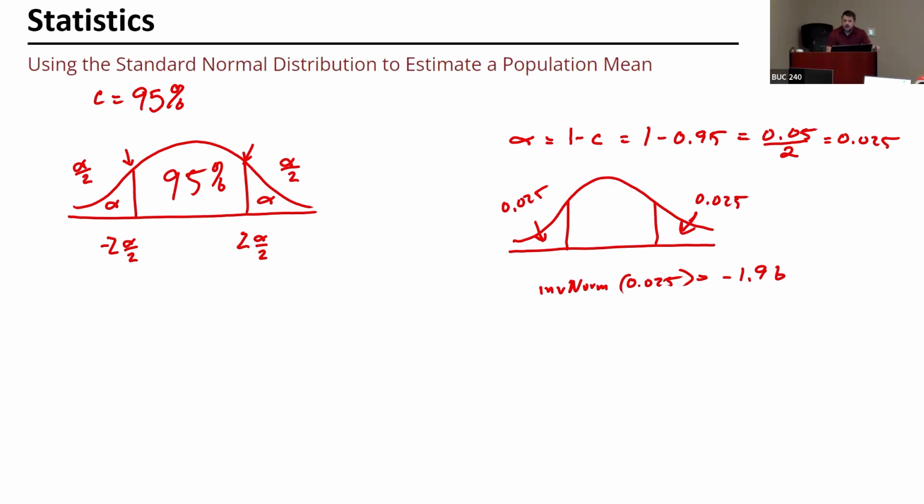But I also know there's a positive form of that, and it's going to be 1.96. Now, do you see a 1.96 next to your 95% confidence level in your book?